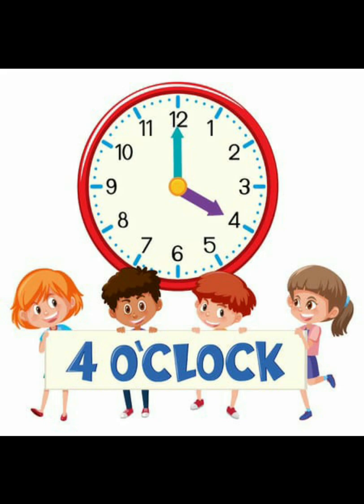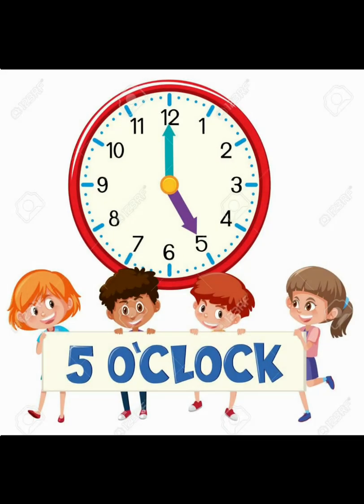The short hand is at 4 and the long hand is at 12. So it's 4 o'clock. Now look at this clock. The short hand is on 5 and the long hand is on 12. So the time is 5 o'clock.